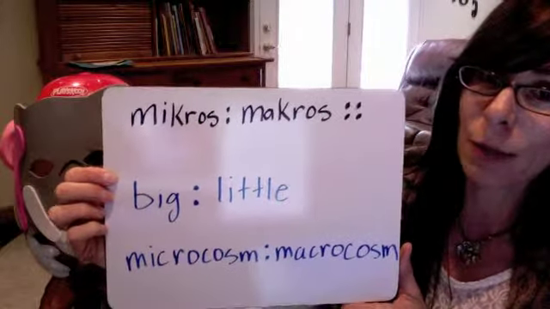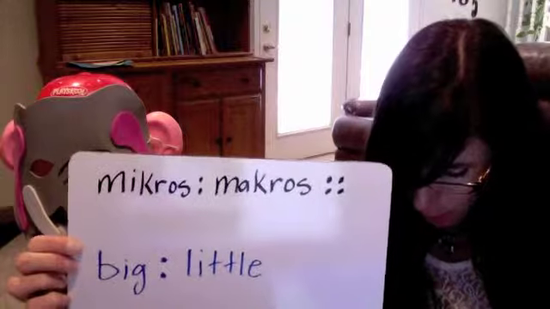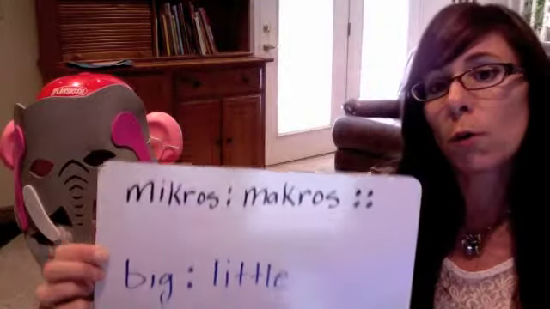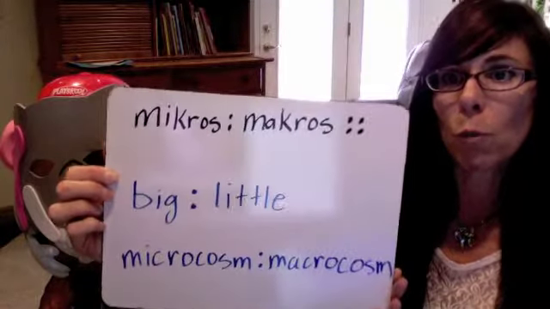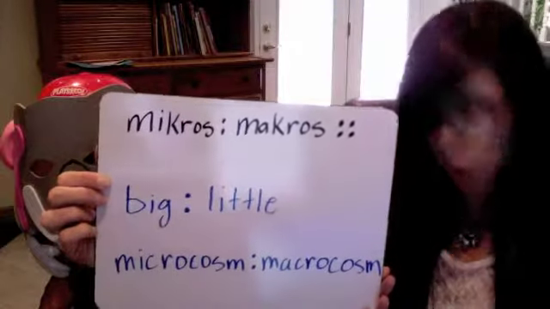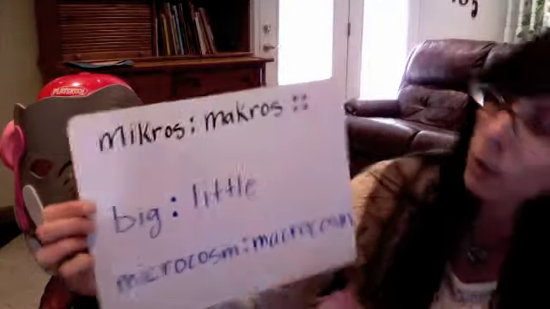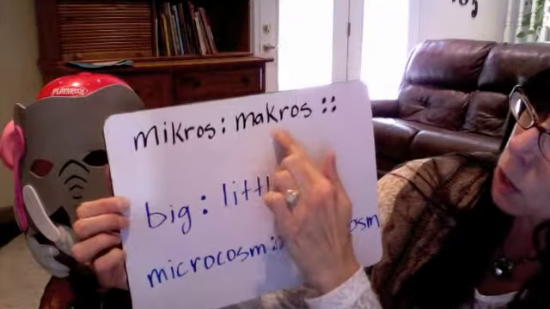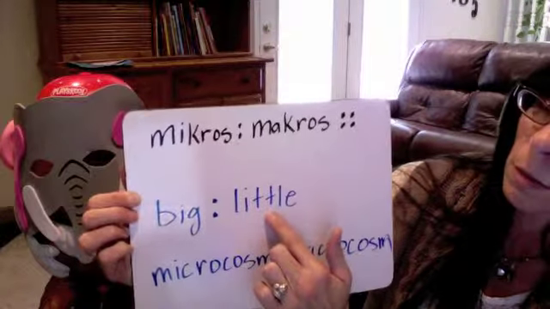Do you know how they're related? Micros is, and let me make sure I read this correctly, micros is the Greek root word for small, and then macros is the Greek root word for large. So we have small is to large. Small is to large as big is to little.